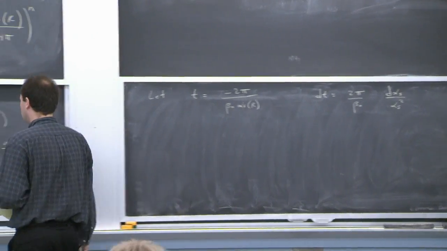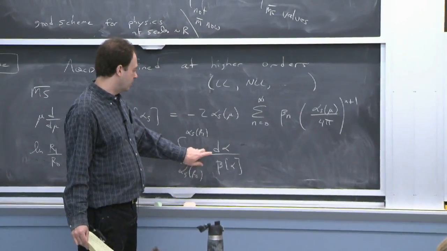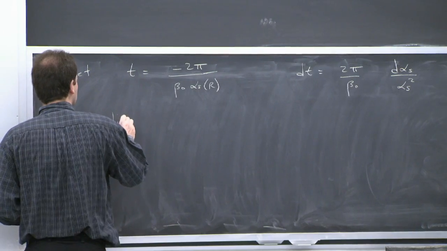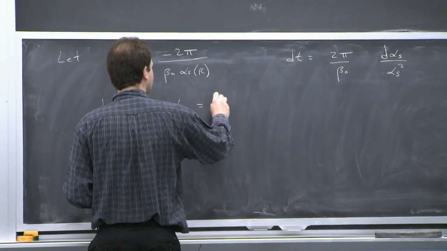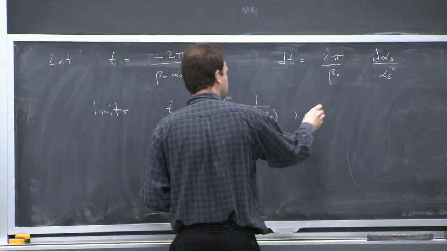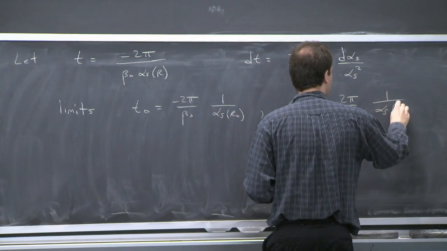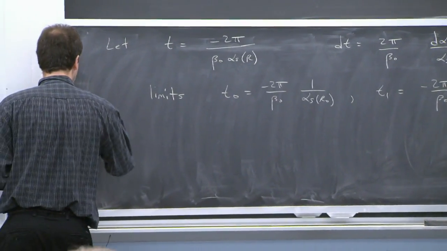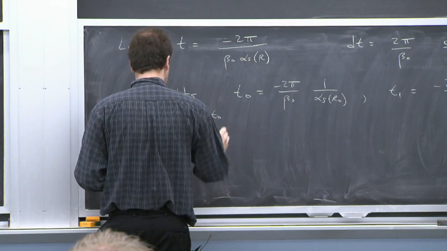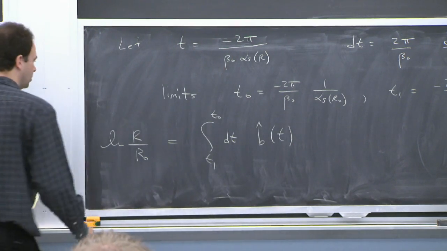The lowest order result, d alpha over beta of alpha: the beta goes like alpha squared at lowest order. So I'm making a change of variable where this d alpha over beta at lowest order will just be dt. That's what I'm doing. I have to change variables in the limits as well, so call those t1 and t0, and change variables consistently everywhere.